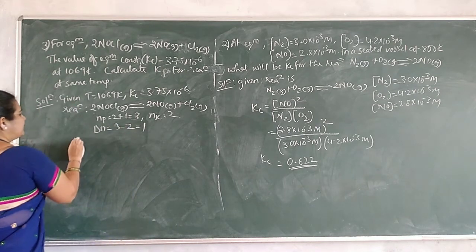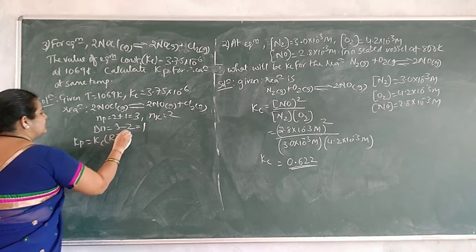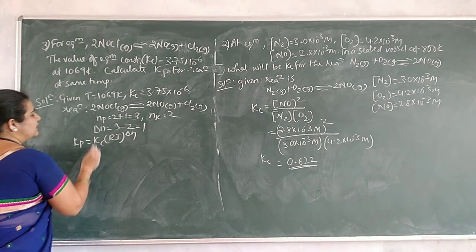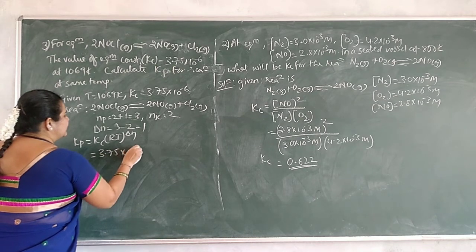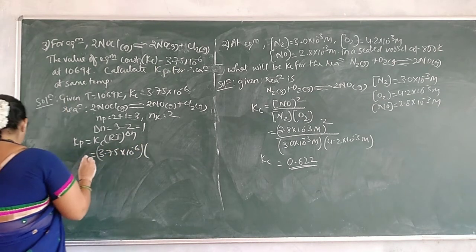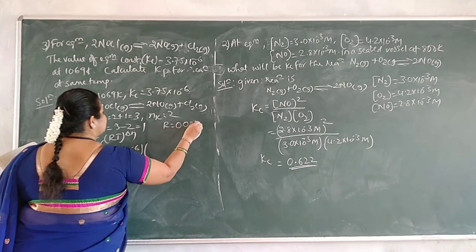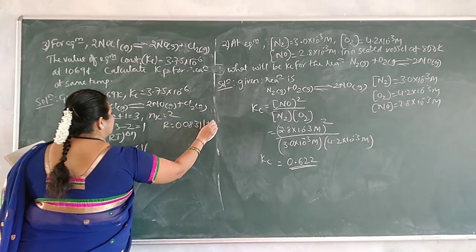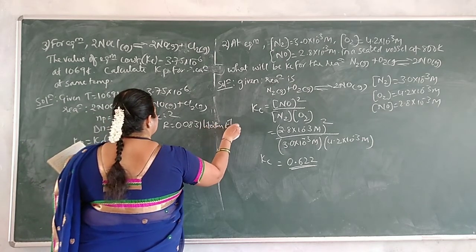Now Kp is equal to Kc into RT raised to delta n is the formula. Kp is 3.75 into 10 raised to minus 6 into R value is 0.0831 liter atmosphere per Kelvin per mole.